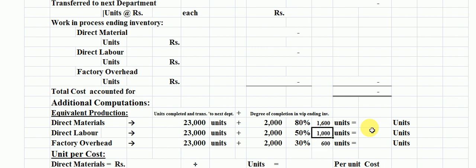Around 1,000 units are completed as labor, and the completion of work in factory overhead is 600 units.